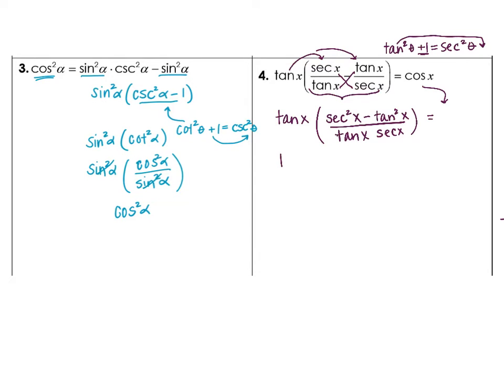So I'm going to rewrite this to be tangent x times 1 over tangent x times secant x. And then notice now those tangent x's will cancel. So I have 1 over secant x left. And even though we know the identity tells us that's cosine, we have to go ahead and write it anyway. And so that's going to leave us with cosine x. Okay, moving on.